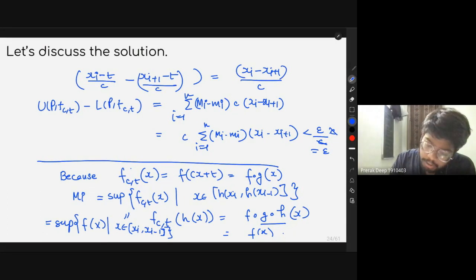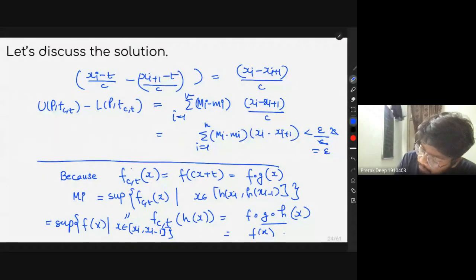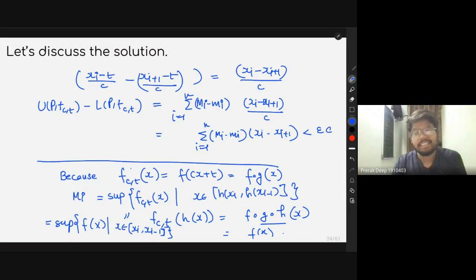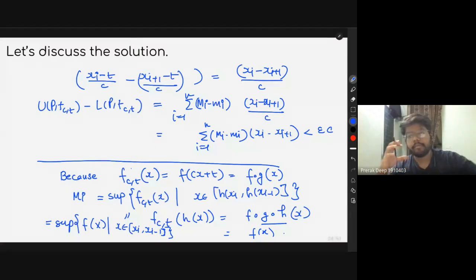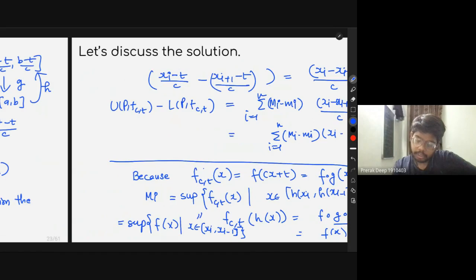Everything else is the same, and divided by c will appear over here. Instead of dividing by epsilon, you multiply with c, but this c is a constant, so it doesn't affect the behavior of the limit. So this limit will still converge to 0 for any given epsilon. So you have found a partition of this interval.